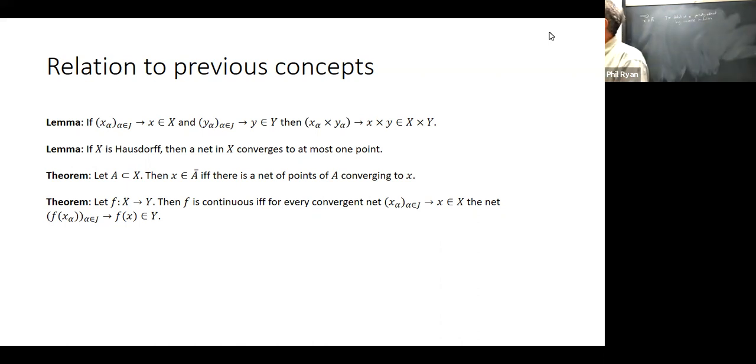Right, so a neighborhood is bigger than another neighborhood if it's included inside.